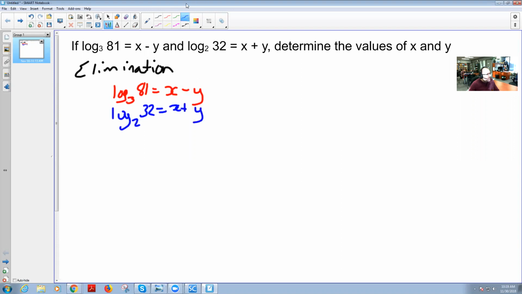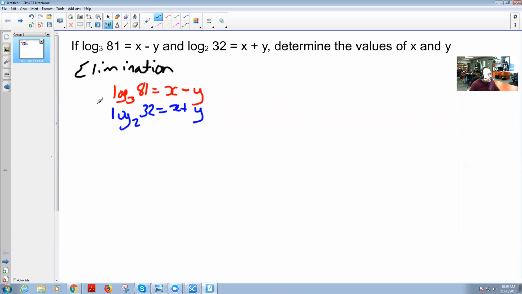In algebra, we can add or subtract anything we like. Keep in mind, we can't do anything with the logs when we add or subtract, so they'll just be right beside each other. But if we add x and x, we get 2x. If we add negative y plus y, we get no y. So that means that we eliminate it.